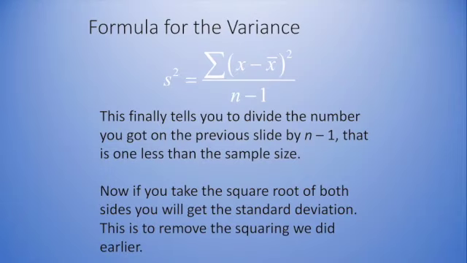Variance is the first step before we take standard deviation. Variance is the standard deviation squared. And this isn't as common as standard deviation, because we do take the square root of both of these to get to our equation for standard deviation.